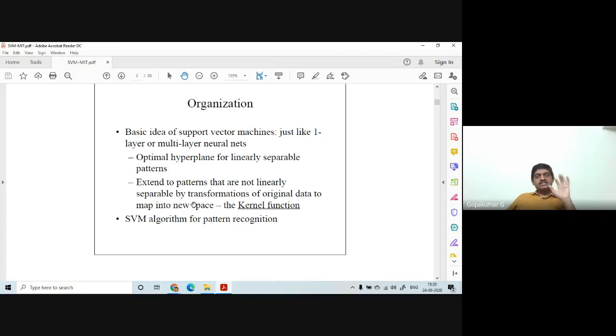In effect, SVM always finds only a linear decision boundary. It will not go for a non-linear decision boundary, but it achieves a non-linear decision boundary through mapping to a higher dimensional space. That is achieved through a trick called kernel functions, or the kernel trick. So that is the major difference of SVM.